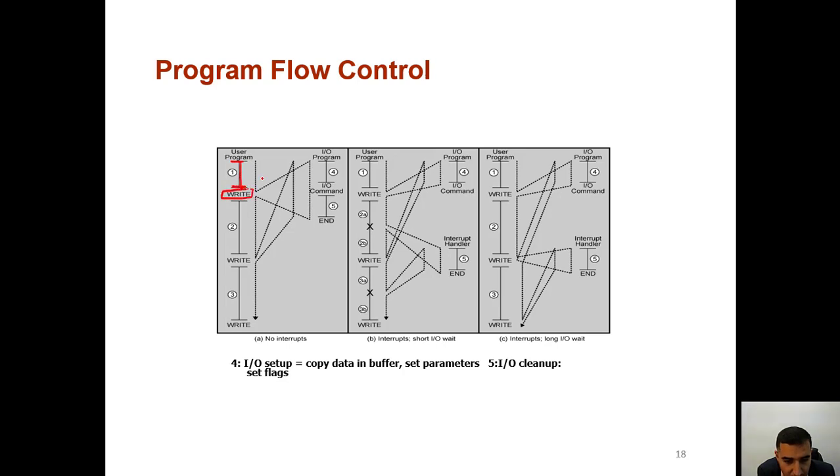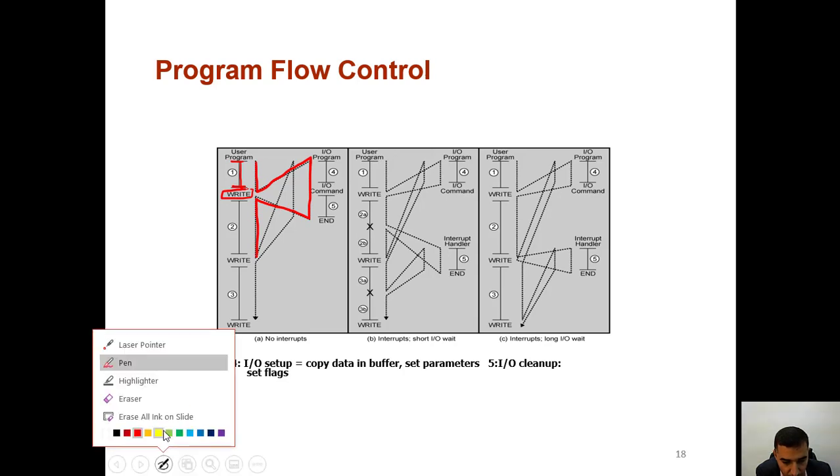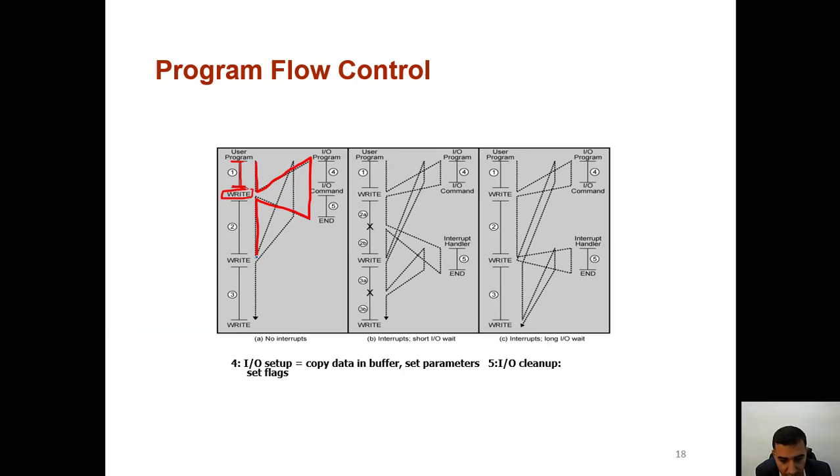Write means writing something to maybe the printer or the disk, which are very slow devices. So I go from 1, then I execute the write operation, which is 4, 5. Then I go to 2, then there is another write operation. Then there is another write operation over here. Then I will go back.